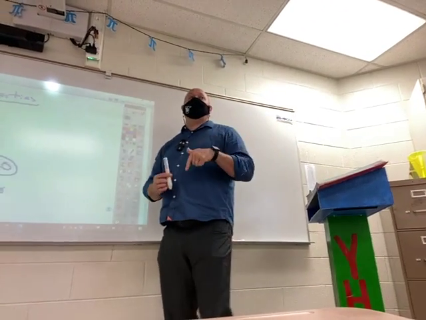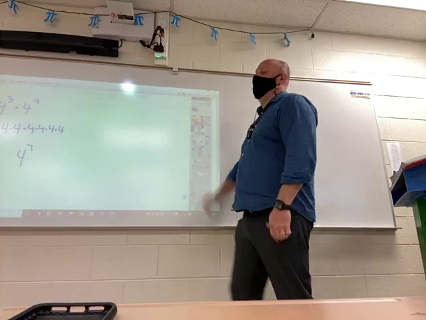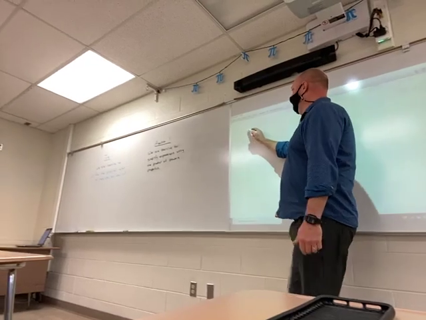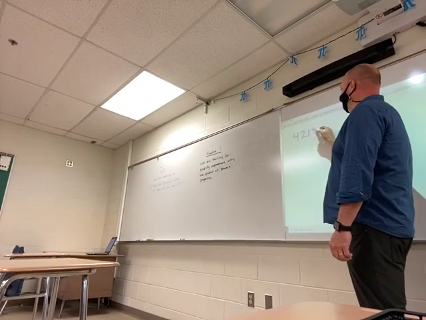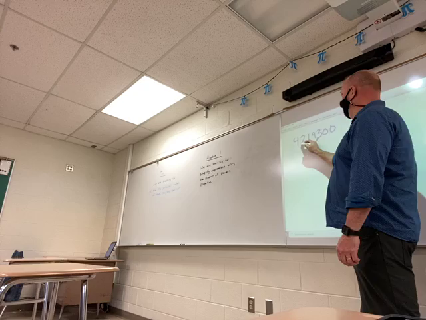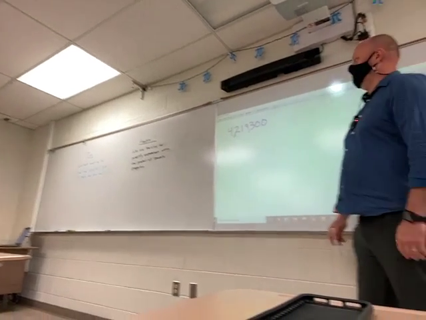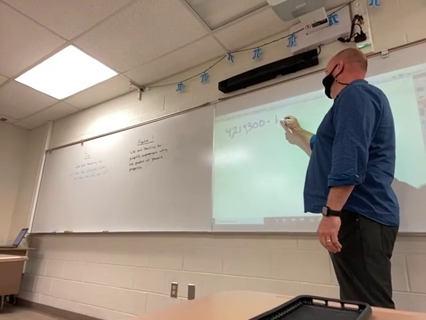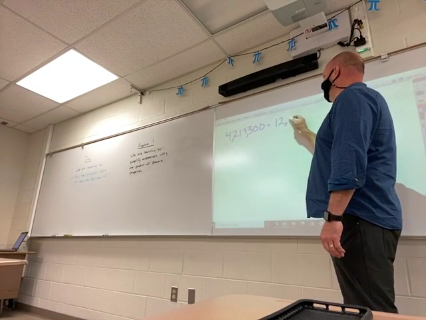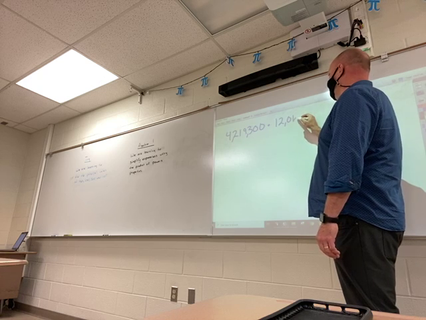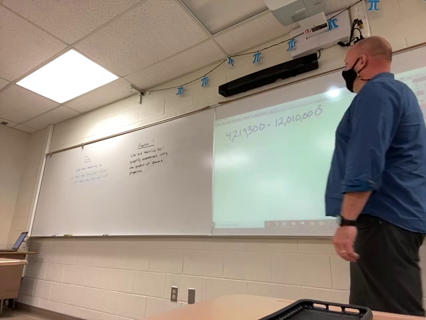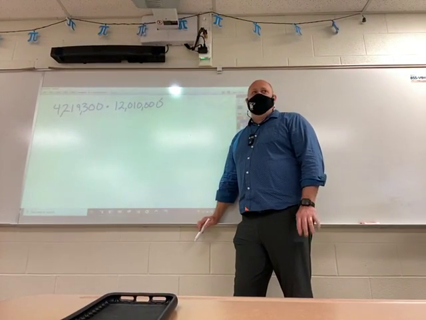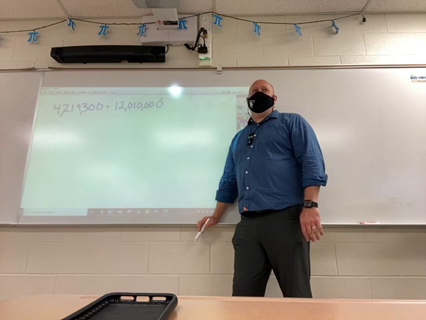Now, what that actually allows us to do, if you combine that with the last section, if I have a number like 4,219,300, and I want to multiply that by 12,010,000. That's going to be a giant number, isn't it? Probably too big for most calculators to even handle.